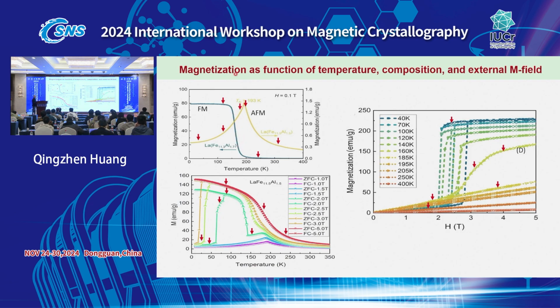Normally for antiferromagnetic, the behavior will quickly go down to 0. And for this ferromagnetic, before the ferromagnetic order is the paramagnetic. Then you need to measure one at this temperature and another at that temperature.